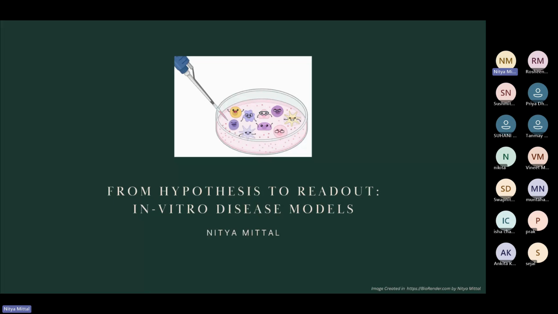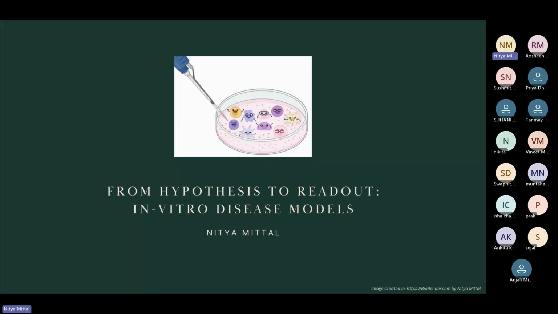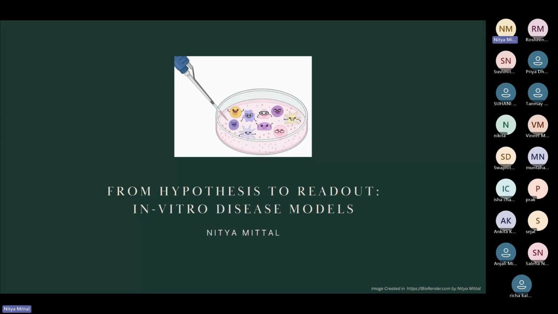And so basically what we'll cover today is a journey from hypothesis to readout and how to take a biological question, design the right in vitro model, generate data that's not only meaningful but also can be useful for future computational approaches like now AI. So maybe think of this as a small starter roadmap.